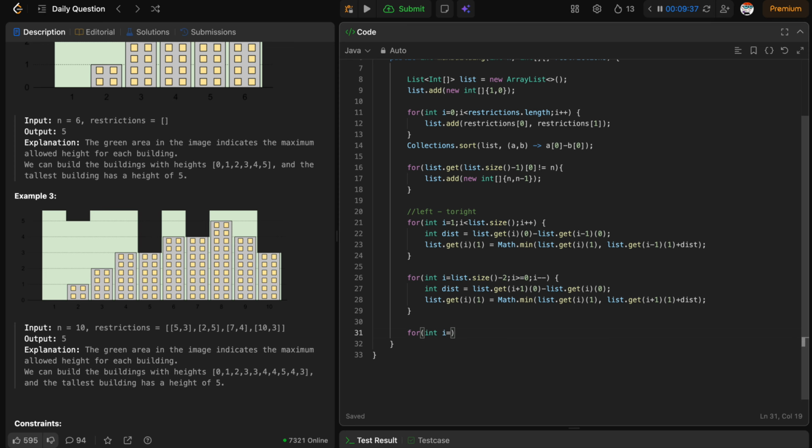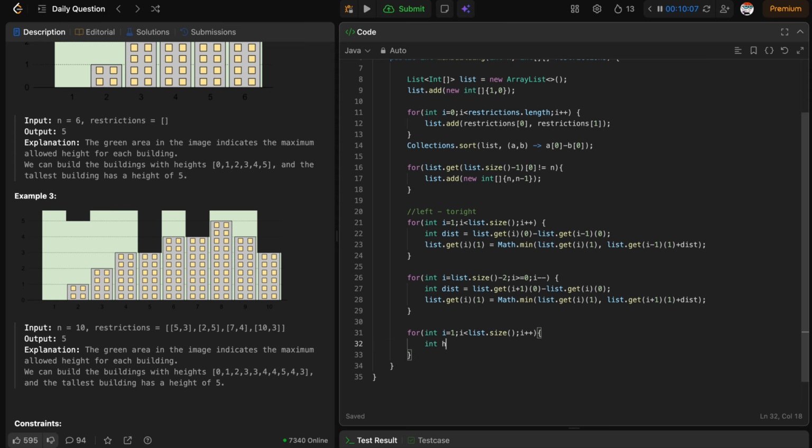So we start with 1 because 0 will not be considered, and then go till the size, i plus plus, and we need to find the previous one.